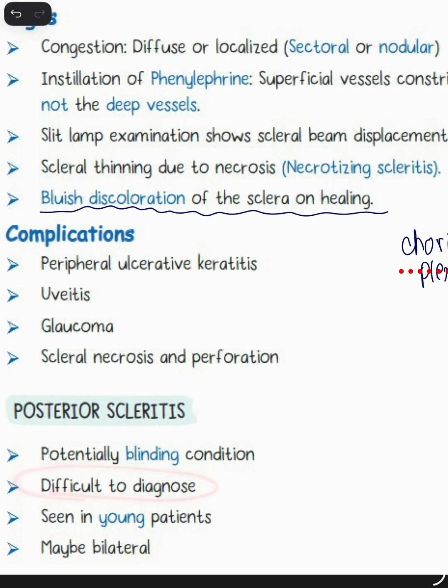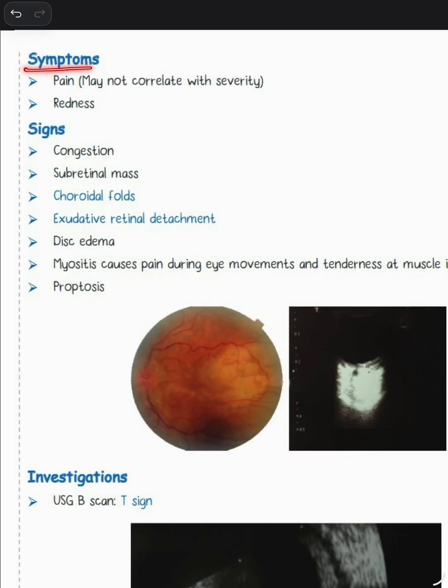In posterior scleritis, the patient complains of pain and redness, but it may not correlate with the severity. The severity is very high, but the symptoms are very few.